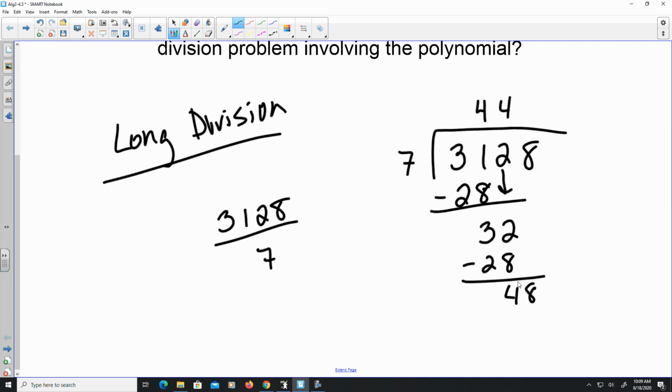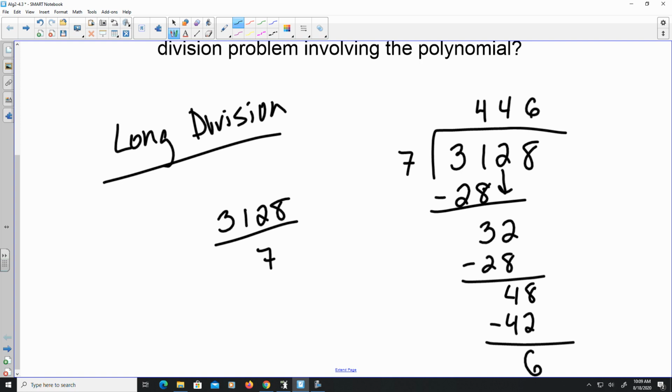So how many times does 7 go into 48? The answer is 6, because 7 times 6 is 42. And when you subtract it, it is going to give you 6.